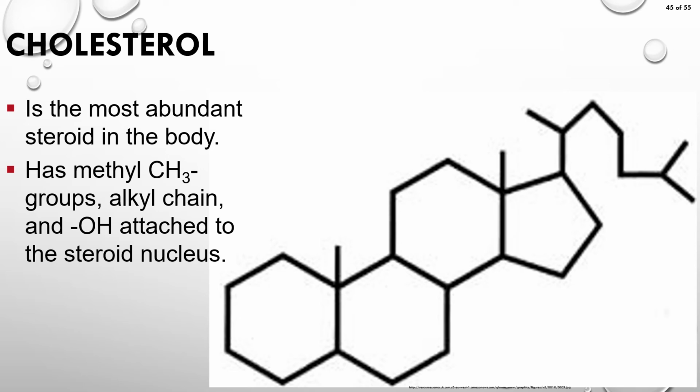Then we have cholesterol, the most abundant steroid in the body. It has methyl groups, the CH3, an alkyl chain, and an OH attached to a carbon of the steroid nucleus. So this is the structure of cholesterol.